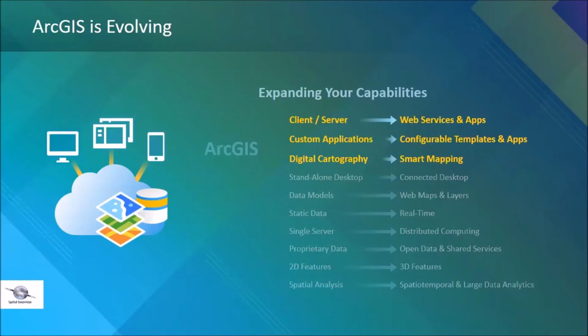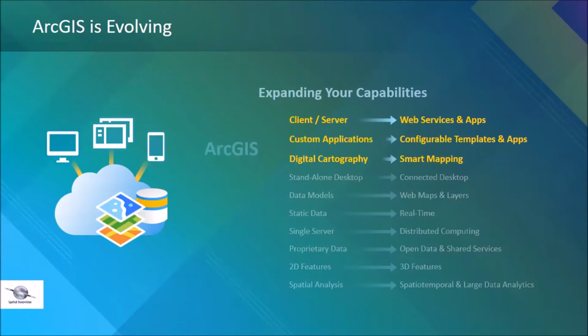So the first, we have gone from simply supporting client server to also supporting web services and apps. This has implications in terms of accessibility for your organizations, as anyone can access the power of ArcGIS with easy-to-use apps.